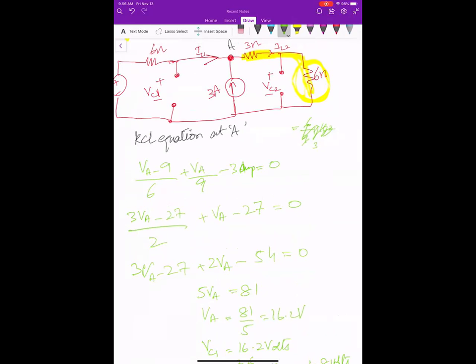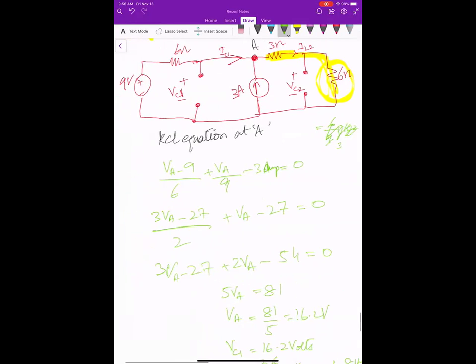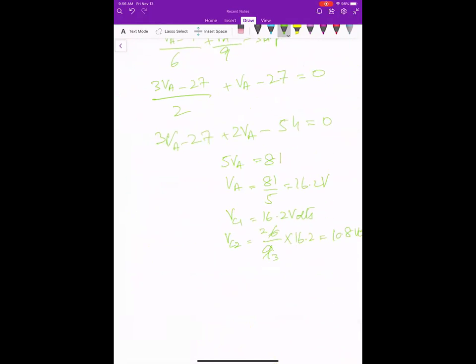Now you know these voltages, and you can find out currents as well. So IL1 will be VA minus 9 by 6, right? But its direction is negative, so it should be minus 1.2 milliamps.